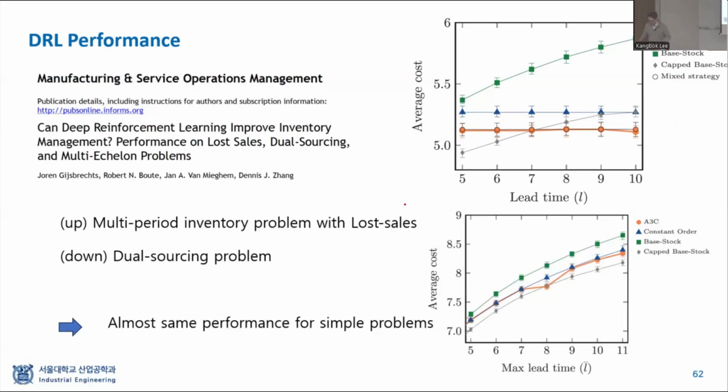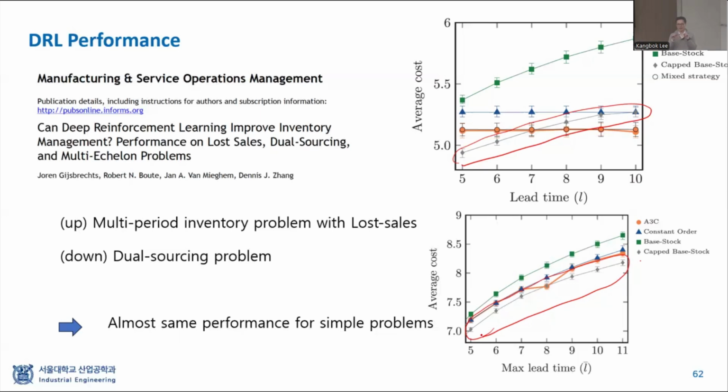Here, the gray one is the best analytical result that we have obtained so far from any theory or paper for the specific problem. They are really good, but the problem is that these approaches are only valid for a certain type of problem.